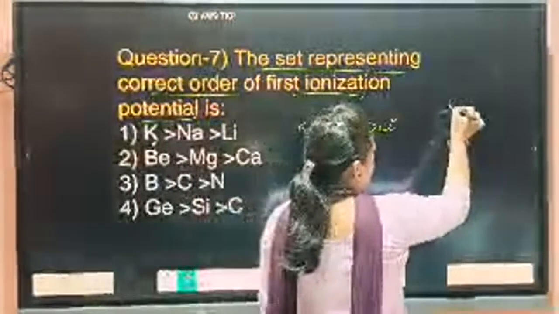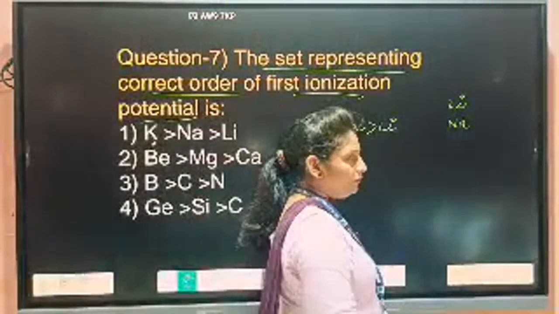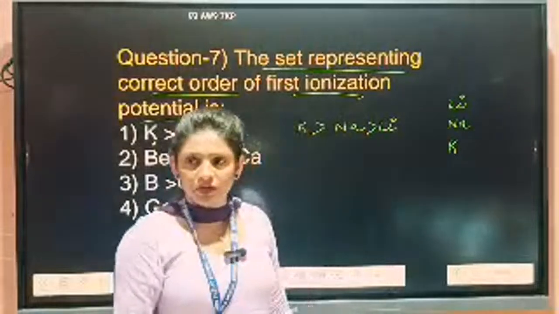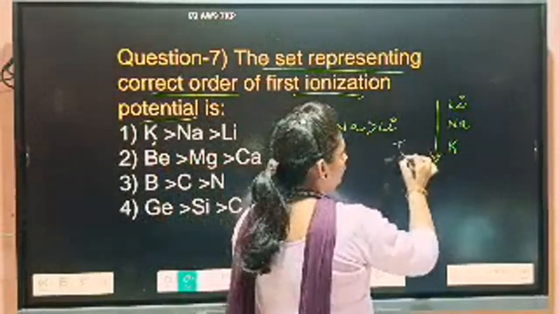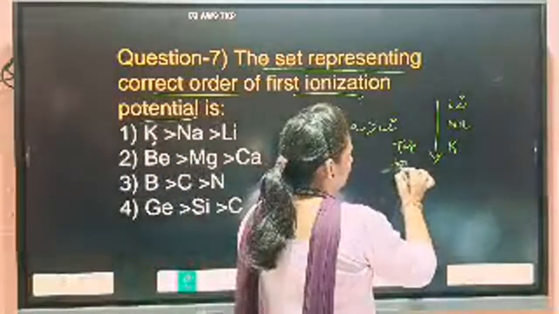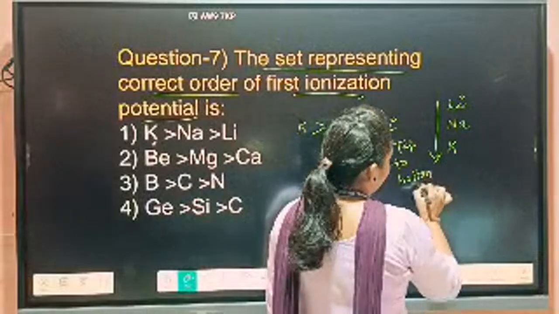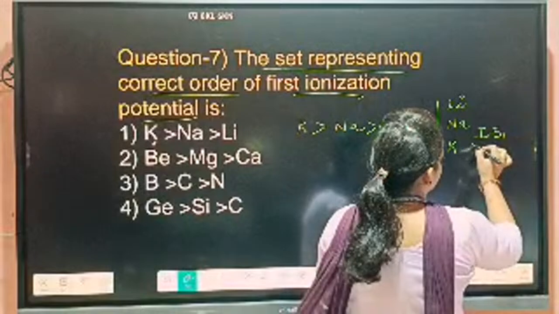What is the position of these elements in periodic table? These are the elements of group number first. Lithium, sodium, potassium. When we move down the group, top to bottom, what will be the trend? Ionization enthalpy decreases because size increases.